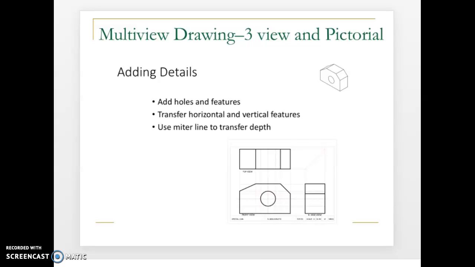The other piece here, which is a new feature, is this miter line, the 45-degree line. The 45-degree line is located here in the upper right-hand corner of your drawing. What this allows us to do is transfer dimensions, sizes, from the top view and bring them directly down to the side view.